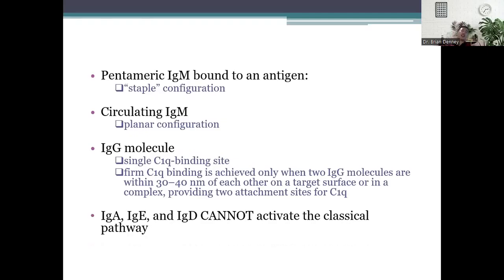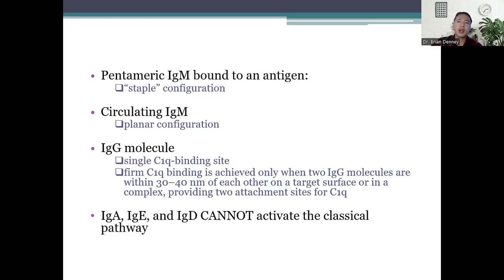So I mentioned in the previous slides that IgM is considered the most efficient, no? Whereas your IgG is second to your IgM. Why? Again, your IgM is a big structure and it has many binding sites, and you only need 1 molecule of IgM compared to your IgG, which is a smaller structure and you need at least 2 molecules.